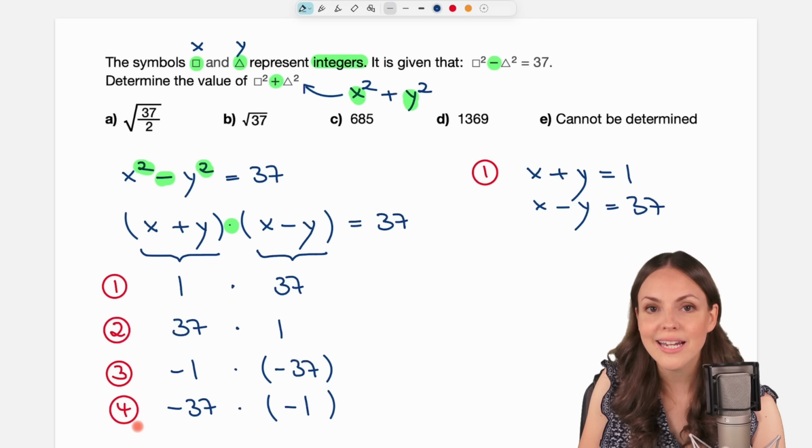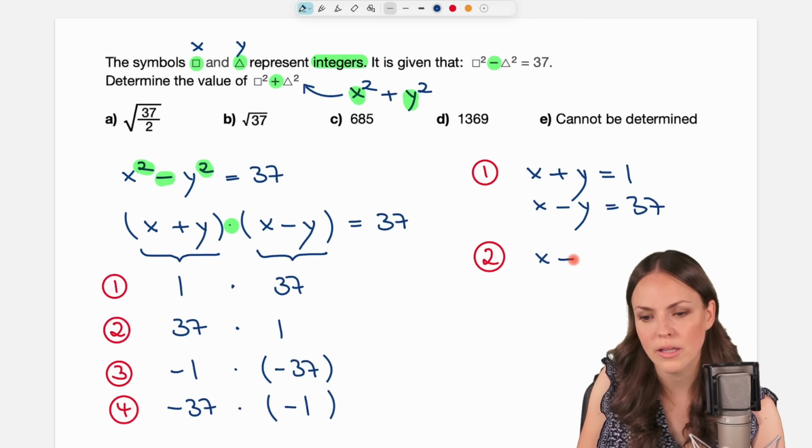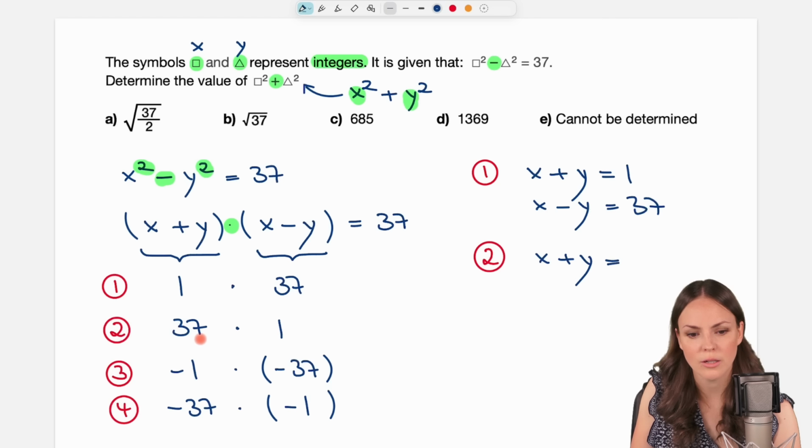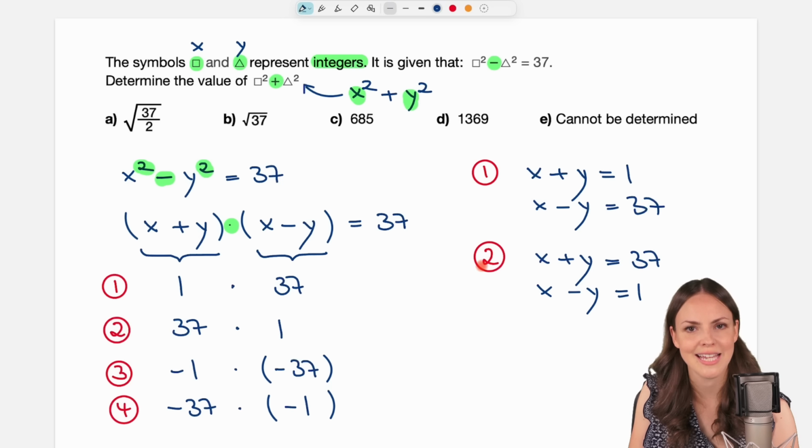But we have more cases. In the second case, x plus y is equal to 37, and x minus y is equal to 1. The same goes for the third and fourth cases. I don't want to write all these systems of equations down right now, but let's start with the first case.